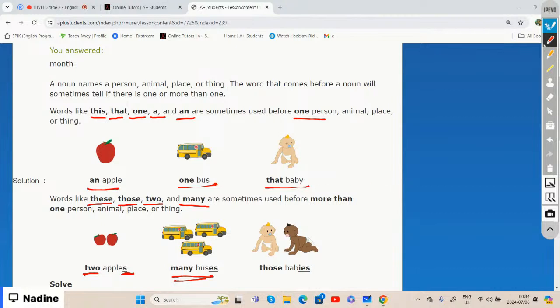And if you refer to that baby that's crawling over there, but say there are two babies by my feet, then we can refer to those babies. That baby, this baby refers to one baby. But if we say these babies or those babies, then we're referring to more than one baby, right?